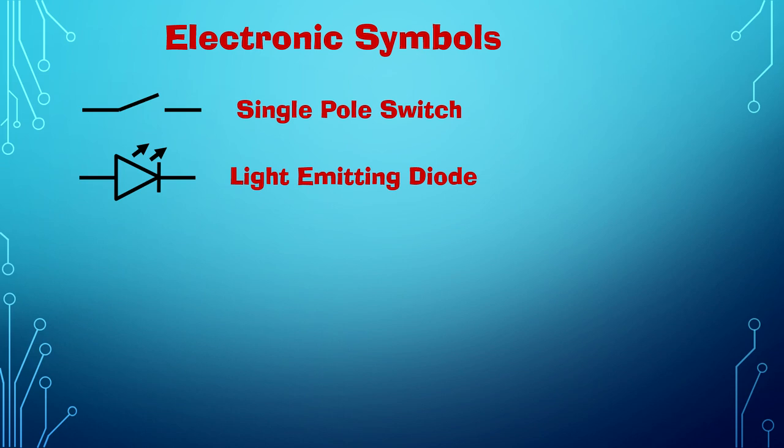If it doesn't have the two little arrows coming off of it, then it's just a regular diode. A diode controls which direction current will flow. It only lets current flow in one direction, and so a lot of times diodes are used to change alternating current to direct current. Okay, and here we have a light bulb or lamp.